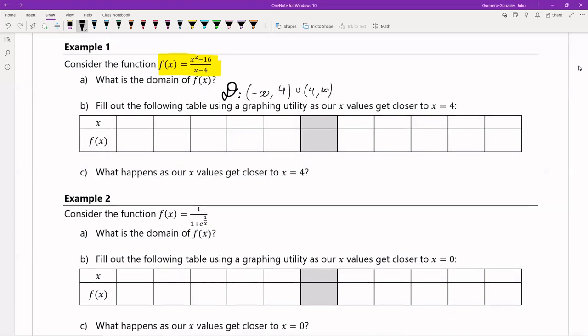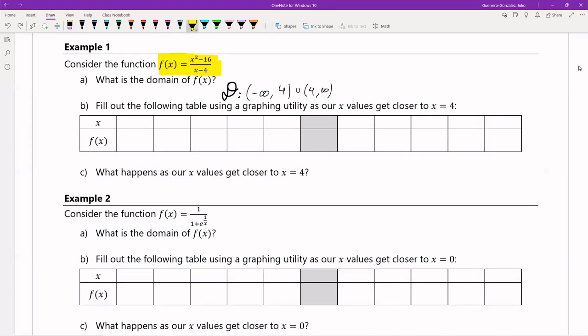And the reason why we have to kick out 4 is because of that bottom, okay? If we plug in 4, we're dividing by 0, right? We can't have that. So we have to remove 4 from our choices. So that leaves everything else, okay? That answers part A. So we see that there's going to be a problem when we get closer to 4, right?